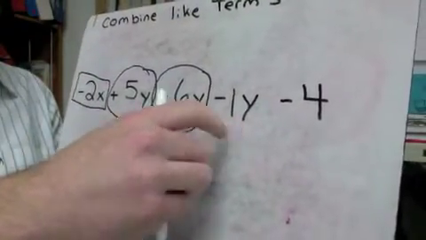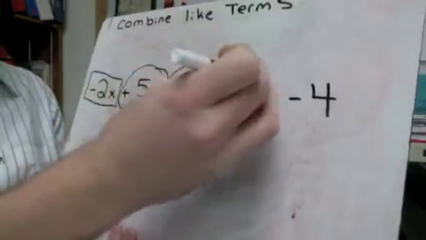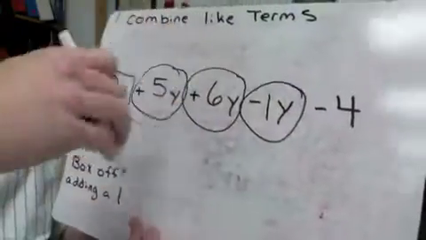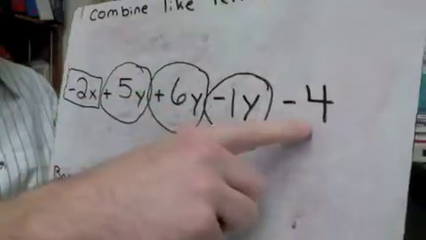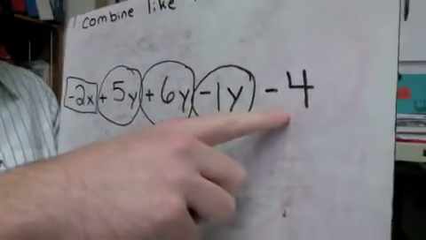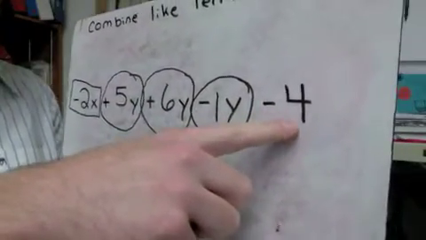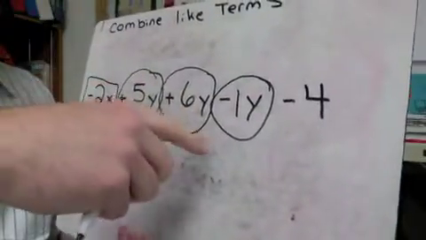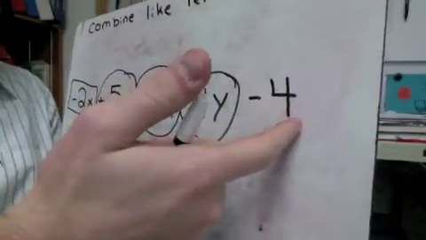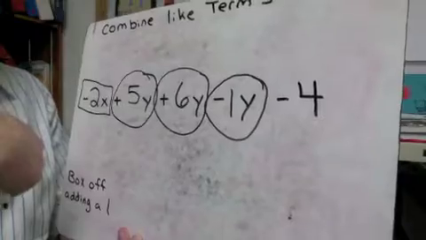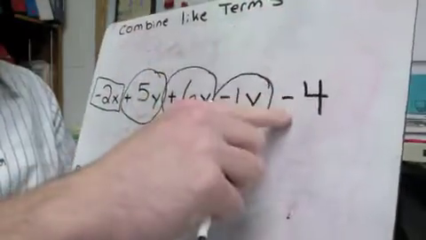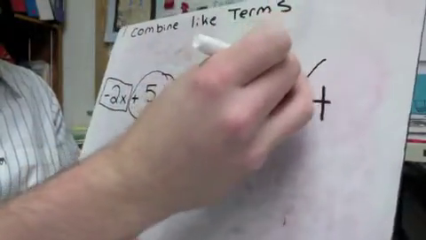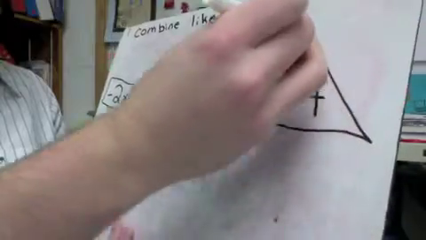Minus 1y, we make sure we keep that symbol in front of it. We've got all those. Now, the last thing we have is a number that does not have a variable at the end of it. This cannot be put with any of the other things. It's basically like having nothing behind it, its own specific category. So maybe for this one, I'm going to include the symbol in front of it. I'll put a triangle.